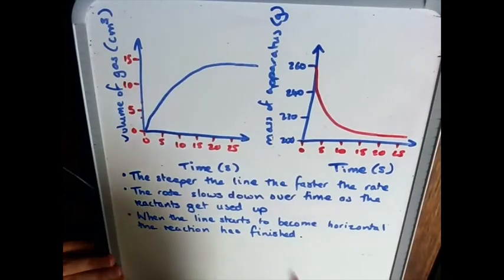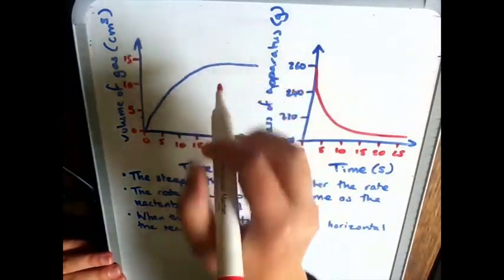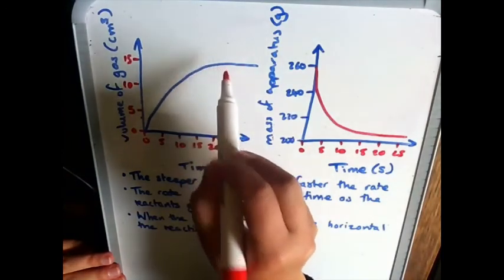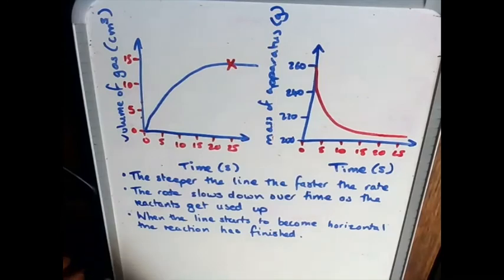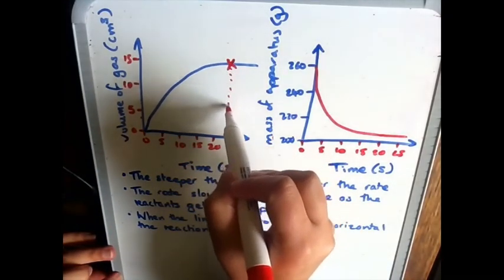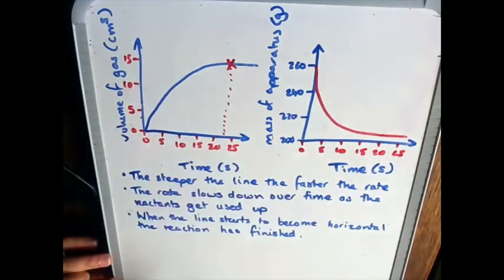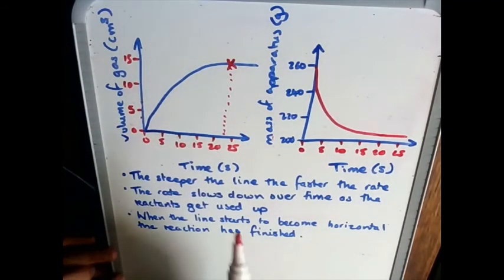So this first one here, you're looking for the very point at which it just starts to become horizontal. Here I think it's still sloping up a little bit, say possibly about there it becomes completely horizontal. It'll be obvious when you've actually got graph paper, you should be able to get that a bit more exact. To find the time at which the reactant stops, you just follow that down to the x-axis.